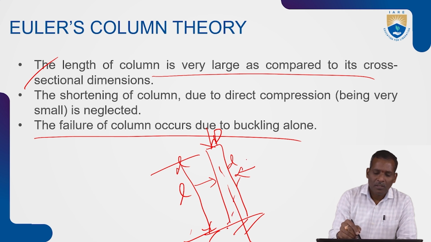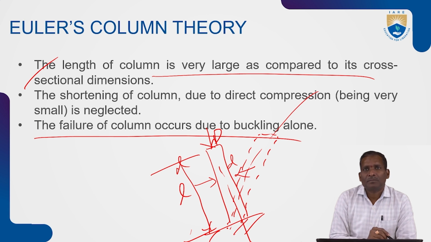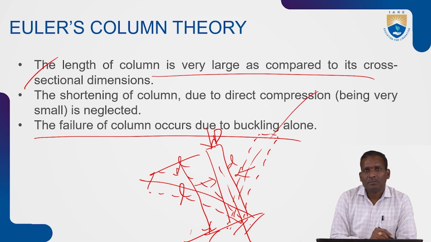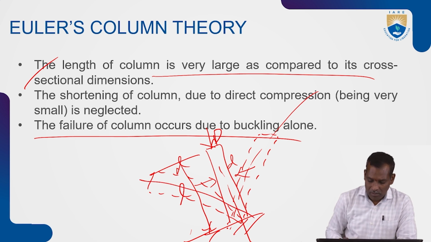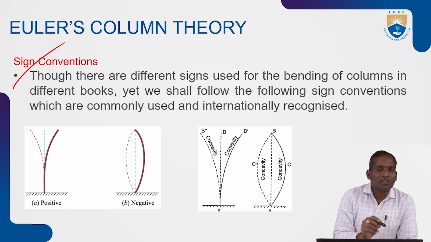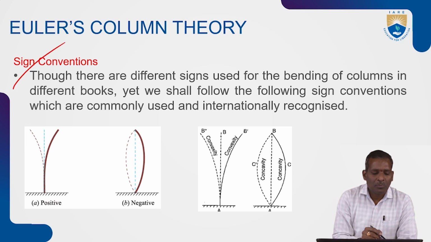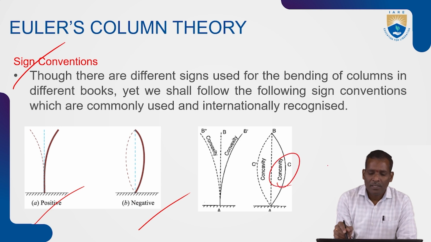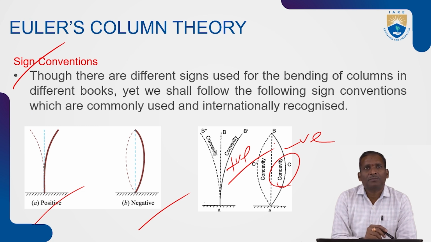So the column may bend like this, or bend like this. The sign convention is also important: one is positive sign and another is negative sign. Generally, the commonly used signs are negative for concavity and positive for convexity.